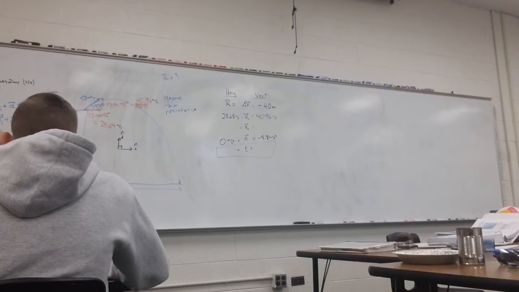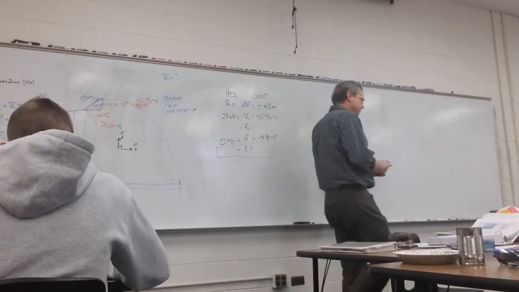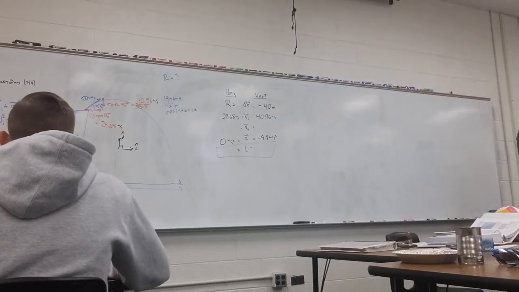So we have displacement is equal to VIT plus 1/2 AT squared. And delta X is equal to VI plus VF over 2 times T. All right, so we got 4 equations right there. We're trying to find time using vertical information.